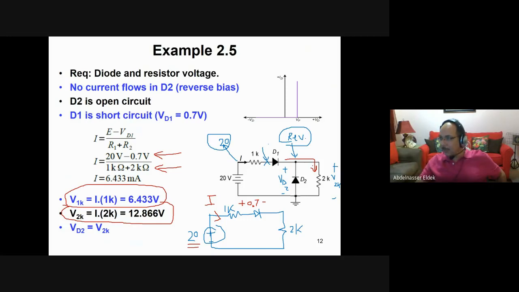So this is still I. That's why when we draw it like this, it is the same current. So the voltage across the 2K is I times this 2K. And of course, the voltage across the second diode will be the same as the voltage across the second resistor. There is no difference.